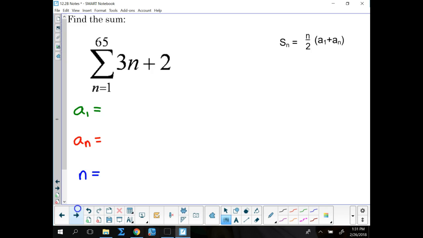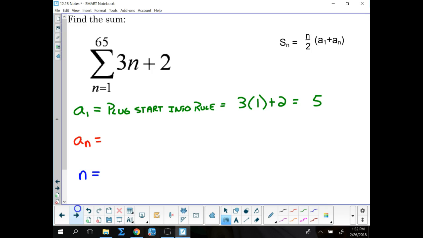I plug the start into the rule. So that's going to be 3 times 1 plus 2. 3 times 1 is? Plus 2 is? 5. So my first term is 5.